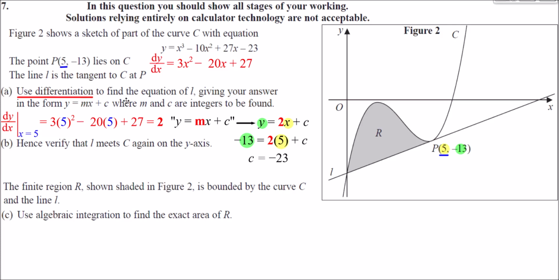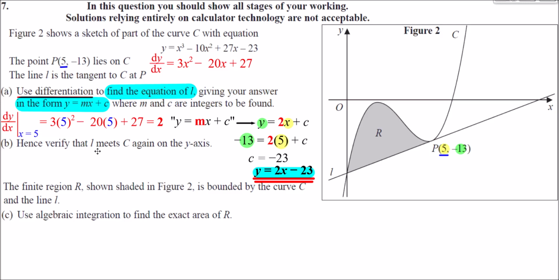So if we want to find the equation of this tangent in the form y equals mx plus c, we found m is 2, and we found c is negative 23. Essentially, we have our answer. The only thing we need to do is write it down. So therefore, in the form y equals mx plus c, our tangent is y equals 2x minus 23.